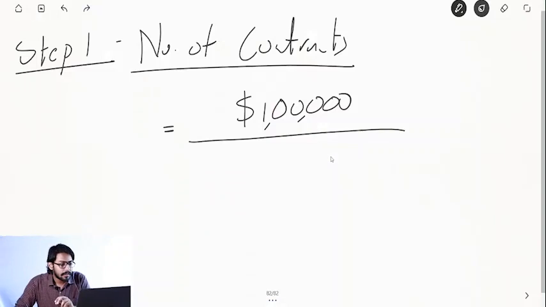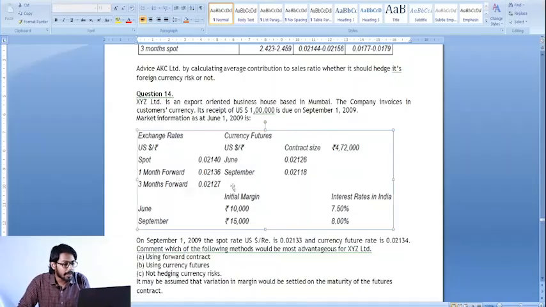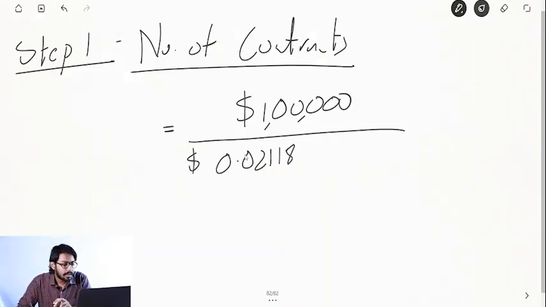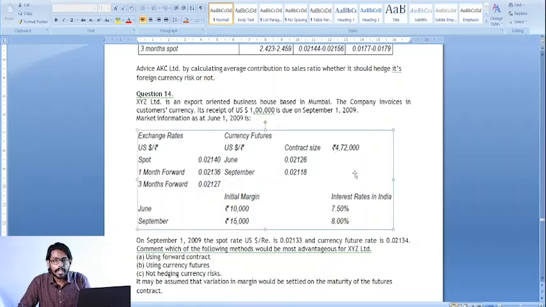That is what you take, 0.02118. Don't forget, with every number you have to write the quotation. This is dollar by rupee. So please write down dollar by rupee, into the size of contract given over here, rupees 4,72,000.